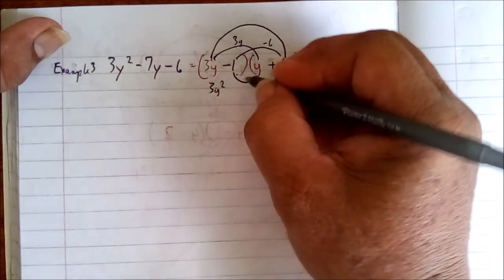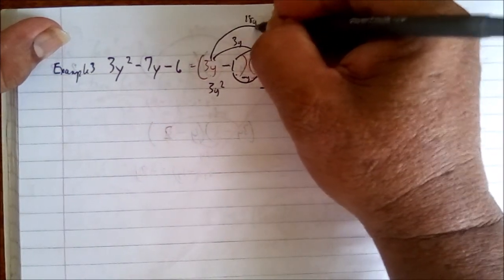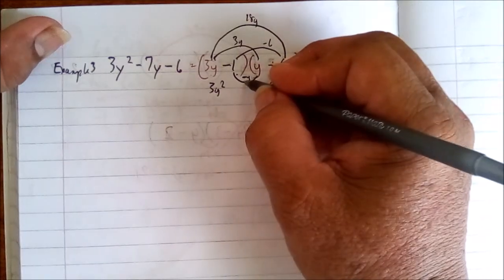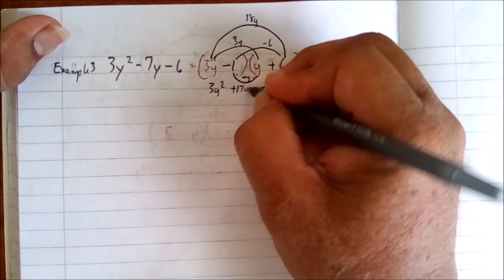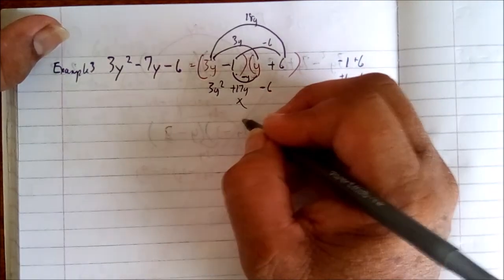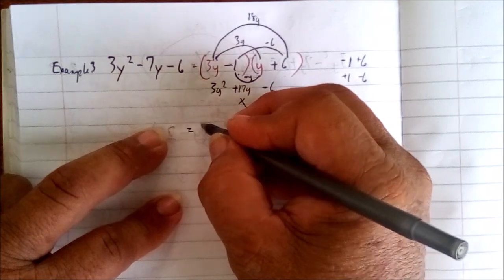Here we would end up with a negative y, and the next one would be 18y. 18y minus y gives us 17y, so it gives us positive 17y. That's not what we need, so that's not the accepted value. So we go for our next combination.